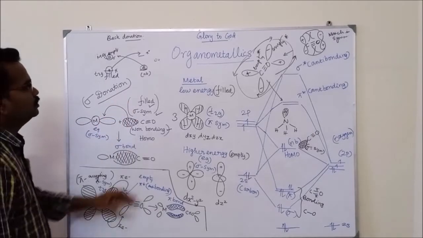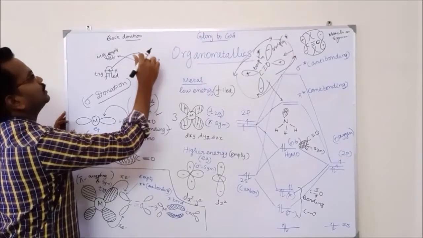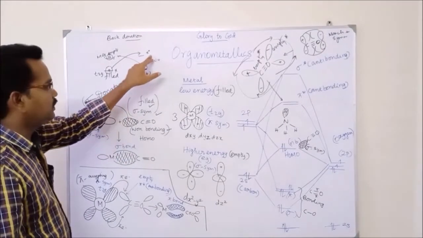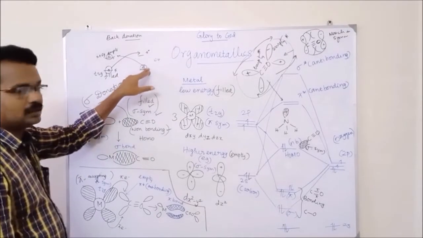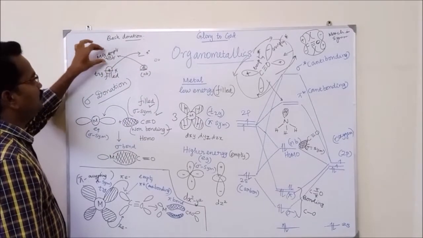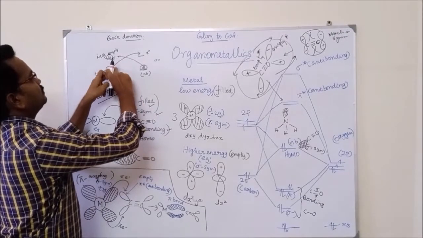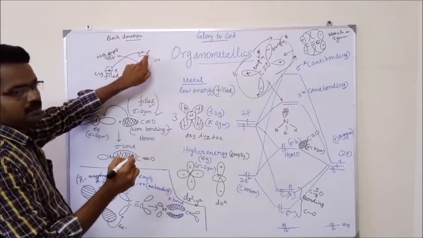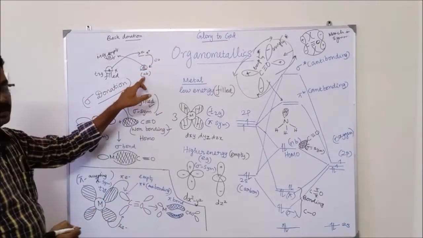But according to Hund's rule, we cannot have electrons in the pi star antibonding orbital without having electrons in the non-bonding orbital, because those non-bonded electrons were shifted to the antibonding orbital of the metal. Therefore the immediate transfer of electrons to the pi star will be shifted again to the non-bonded electrons.